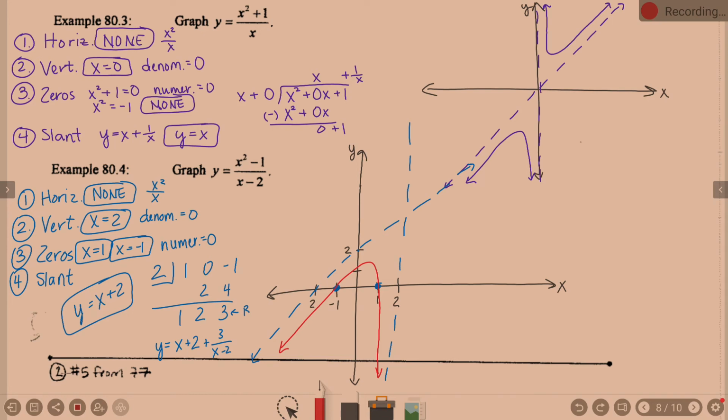Vertical asymptote tells me to flip signs, so now my other piece is up in there. Okay. You get the same type of looking thing. Yeah, it's the same graph, just in a different positioning. But yes, it is very much the same graph. Note there is one change of a problem. Number 2 becomes 5 from 77.